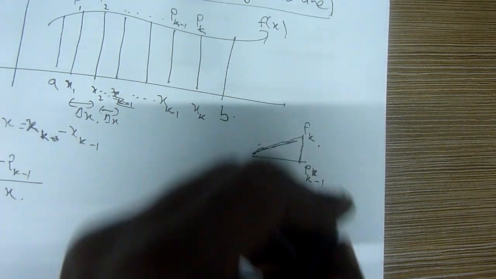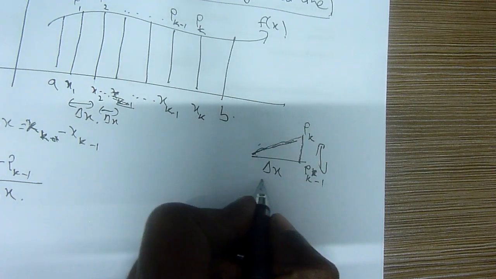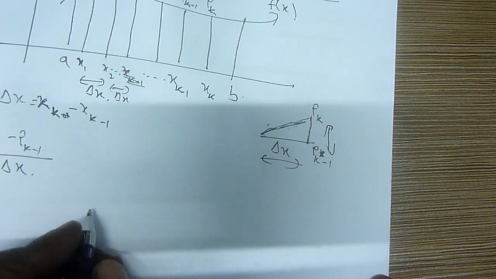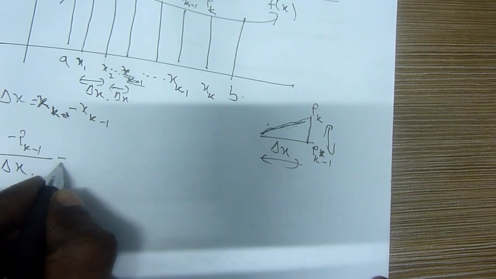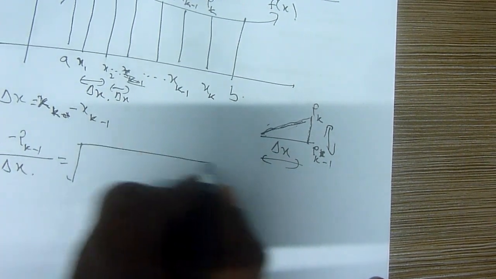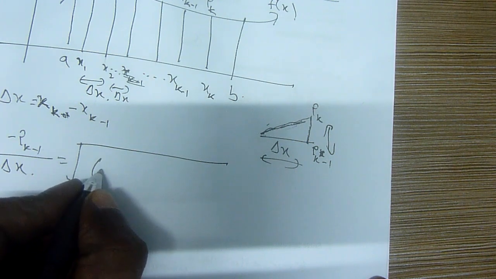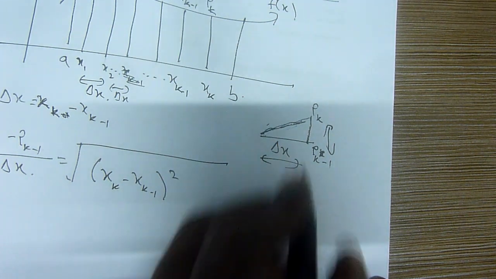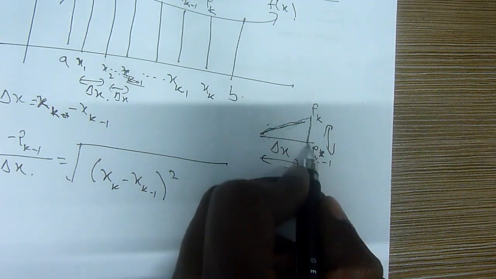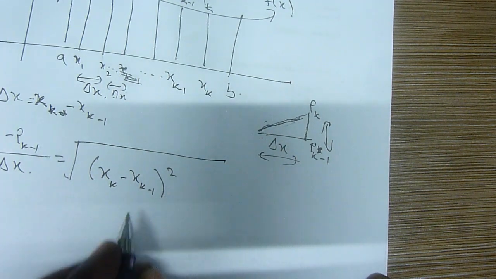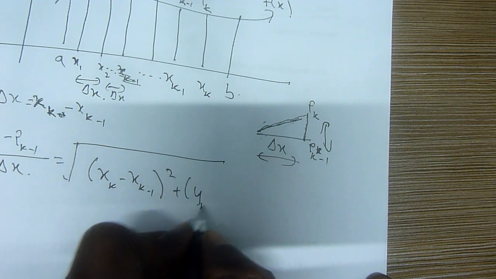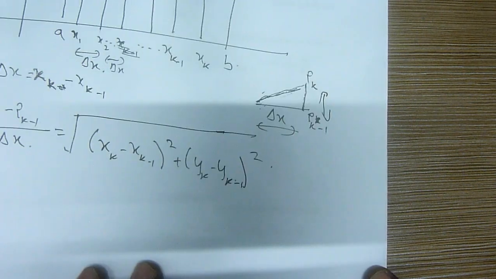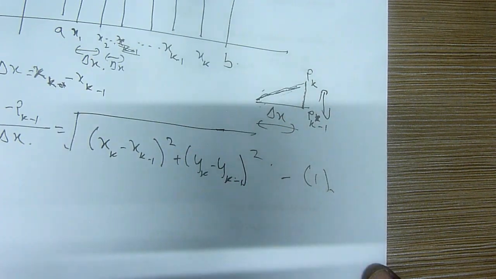Therefore the difference here and the difference here will determine this, right? Therefore this is the Pythagorean theorem, and I hope you can understand this very easily. xk minus x(k-1), this is the difference. I'm taking this part, therefore plus (yk minus y(k-1)) squared. Call this equation number 1.